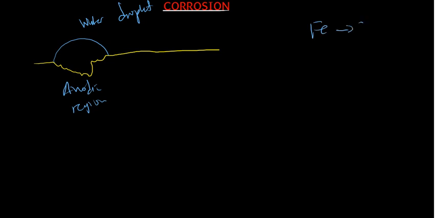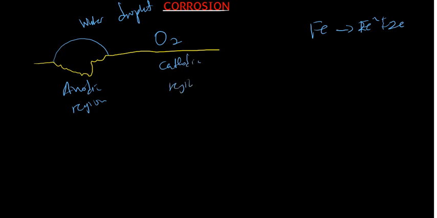The anode is where losing of electrons happens. So it is referred to as the anodic region because at this portion, iron is being converted into iron 2 plus and 2 electrons. And so if we have oxygen at this point, that is going to be called the cathodic region.